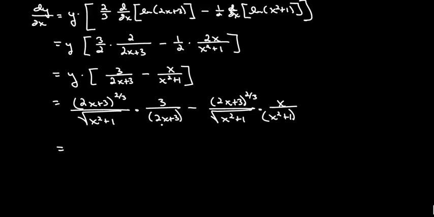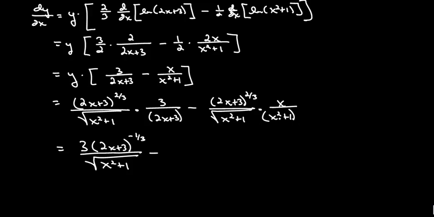So if we move this guy down, that'll give me 5/3 down here at the bottom. Or if we move it up top, I'm going to have the following. I'm going to move it up top because I'm going to have 3 times 2x plus 3, so this would be negative 1/3 over the square root of x squared plus 1, and then minus.